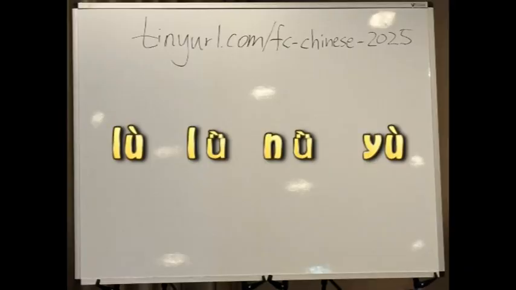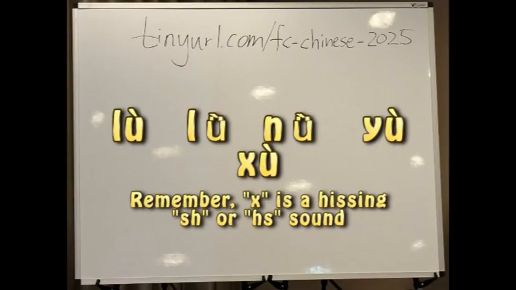So for example, this would be yu, which rhymes with nü or lü. It's as if there are two dots here, but they throw away the two dots. For some reason. Another example here would be X. So this is xu, which also rhymes with lü.